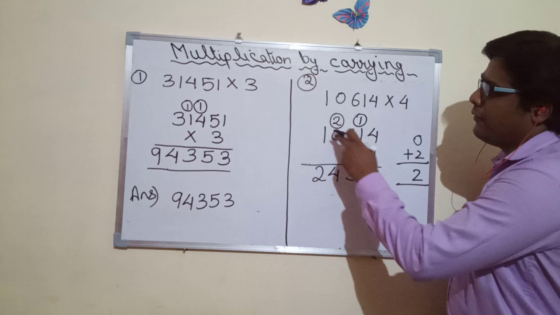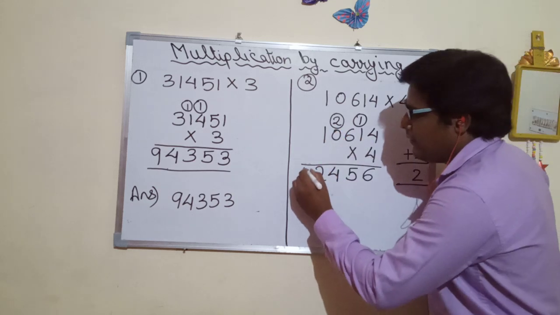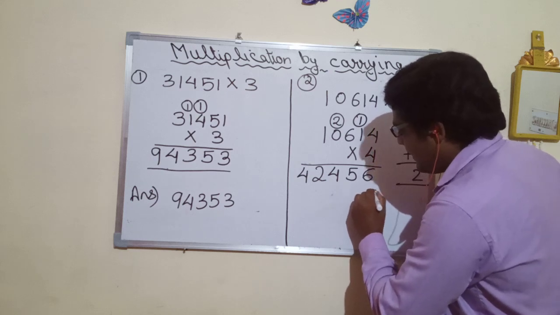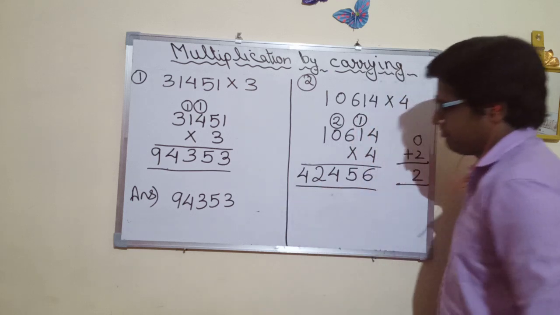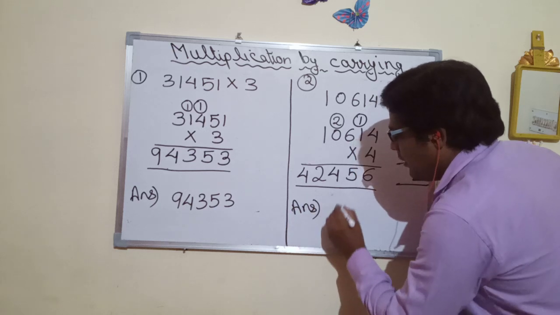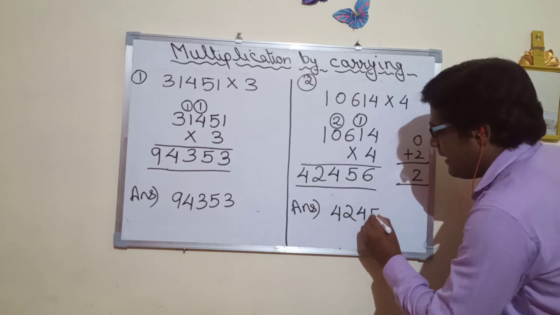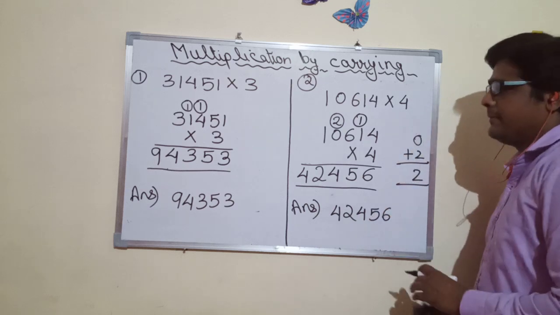Now multiply 4 by the last number, that is 1. 4 ones are 4. So our multiplication is over. So answer of this will be 42,456.